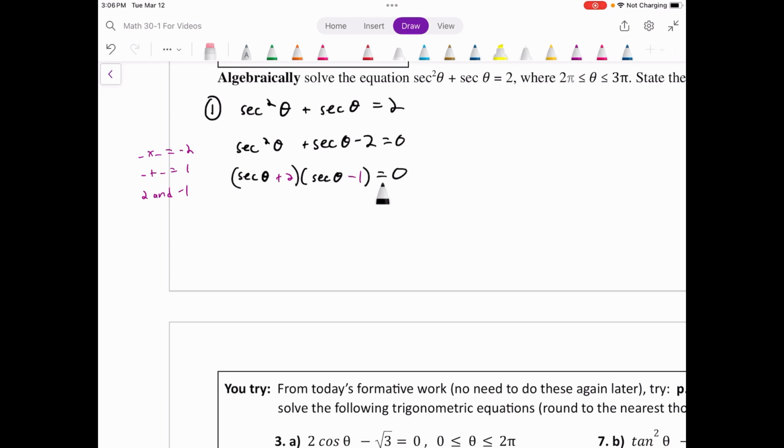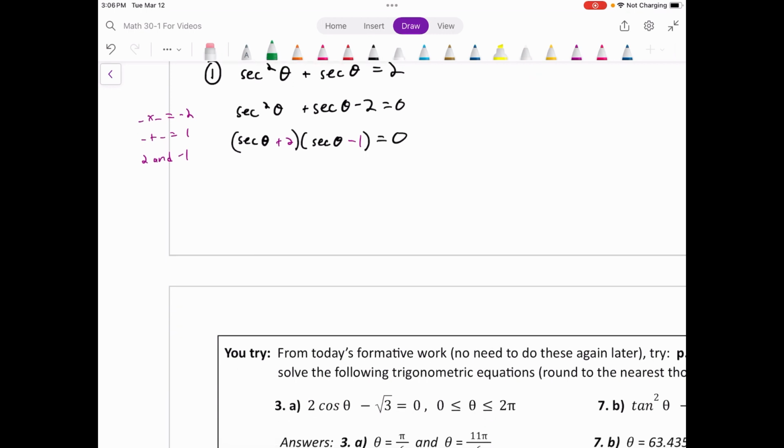And again, this is why we brought everything to one side, because now I'm multiplying this by this, and the answer is 0. We're trying to figure out what value of theta could make this equation true. Well, whatever that value of theta is, it either makes this 0 or this 0 in order for their product to equal 0. Okay, and so this gives us our two equations that we're now going to go ahead and solve, right?